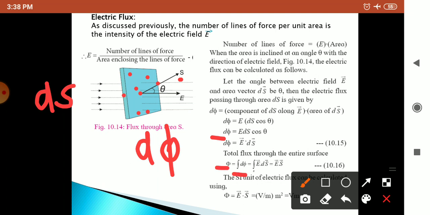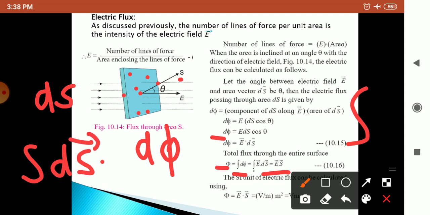So phi is equal to the surface integral of E into ds, equal to E into S. The integration of ds is given by S, so it is vector S.